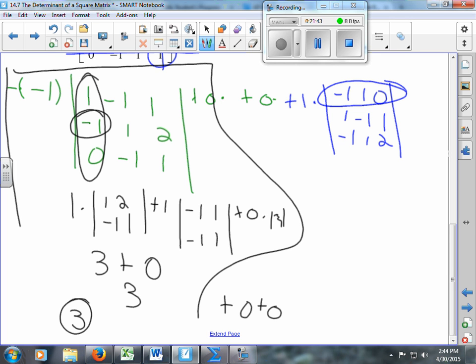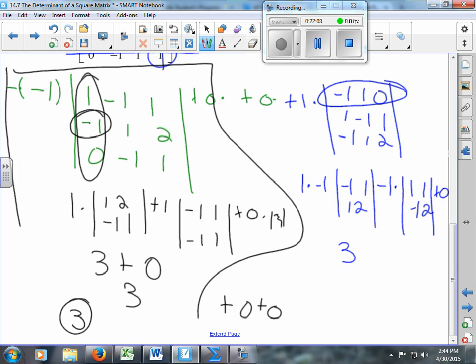Okay, so for row 1, I have 1 times negative 1, and I cancel its row and column, and I get negative 1, 1, 1, 2. I'm going to run out of room. And then the next one is in the negative spot, so negative 1 times 1, 1, negative 1, 2. And then the last one's a 0. So, all right, here I have negative 2 minus 1, that's negative 3.